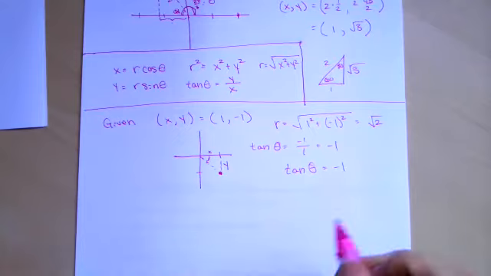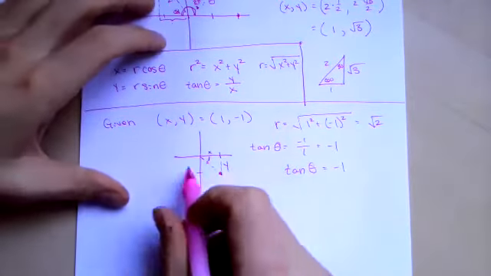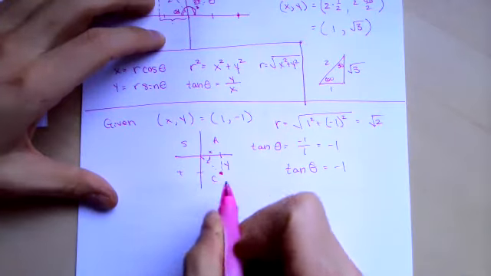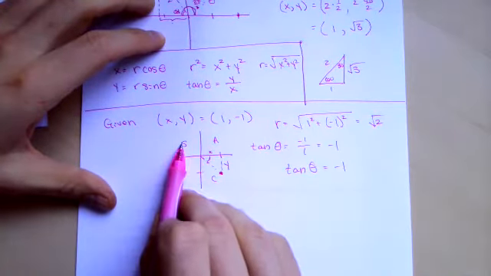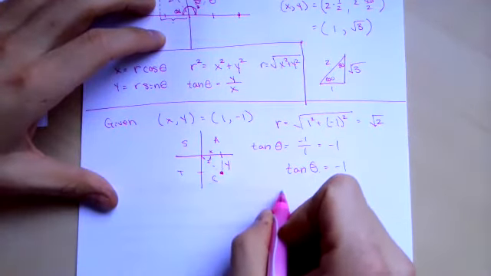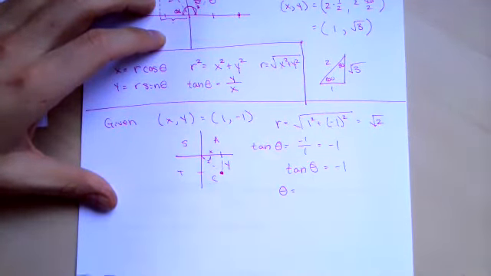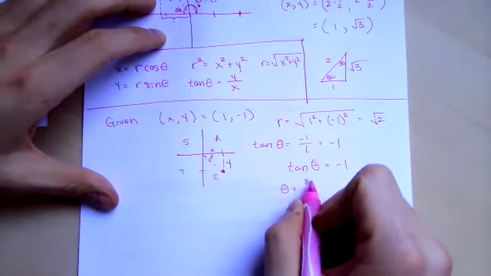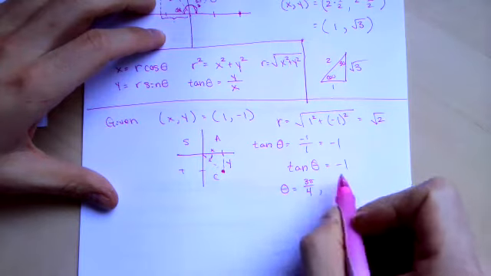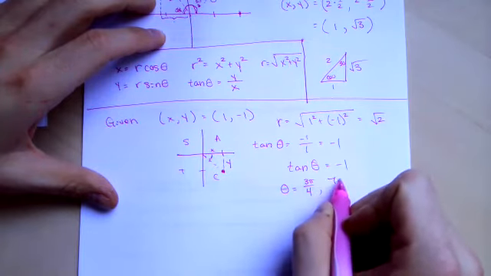When you're solving this equation, remember all seniors take calculus. Tangent is negative in the second and fourth quadrants. So that means theta is going to be 3 pi over 4 or 7 pi over 4.